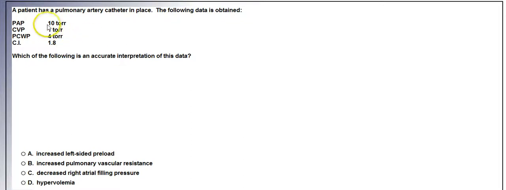So now we're gonna check. This one you're gonna know your norms. The CVP is 2 to 6, so that's low. Okay, and then you're gonna go to your PAP, which is 14. All right, but that one is kind of low. And then your PCWP, which is about 8, 7 to 9.